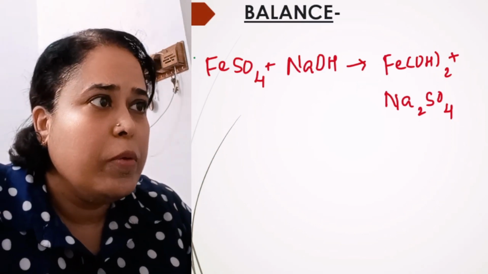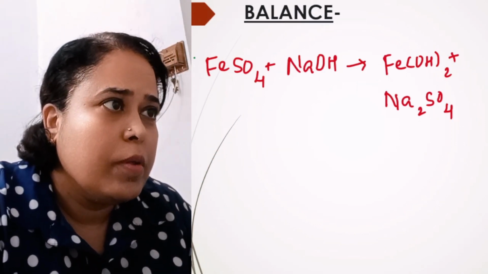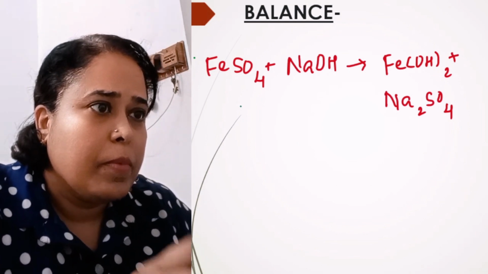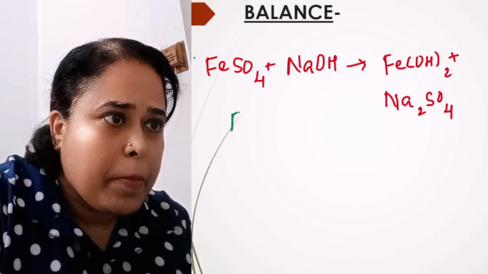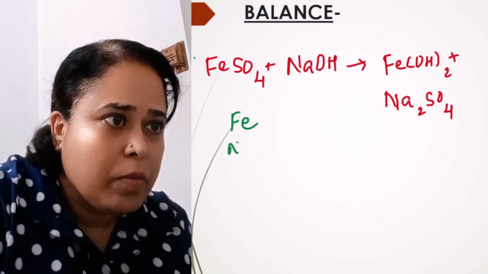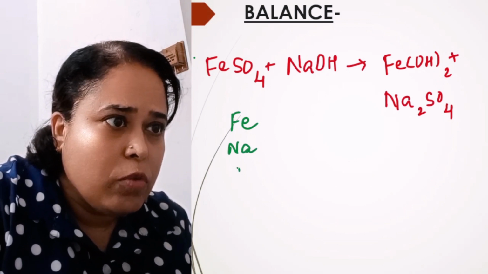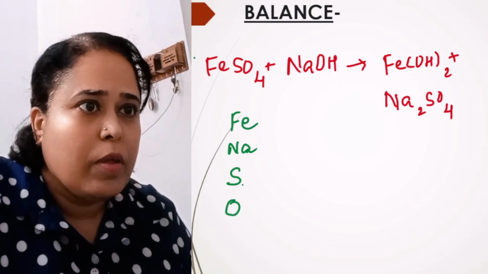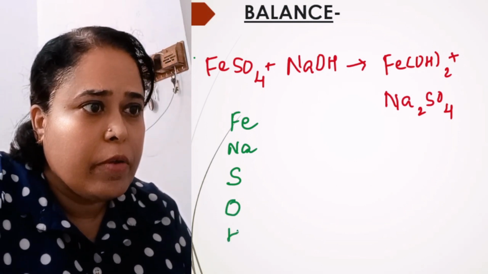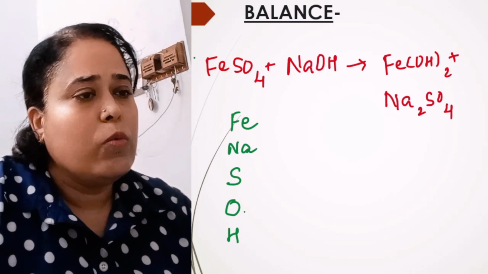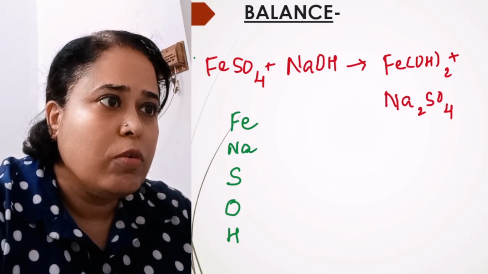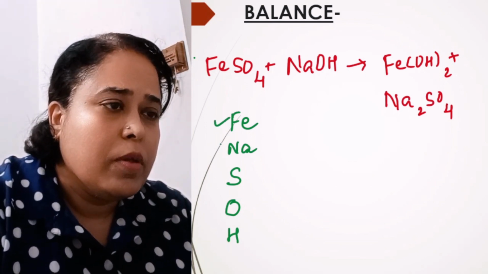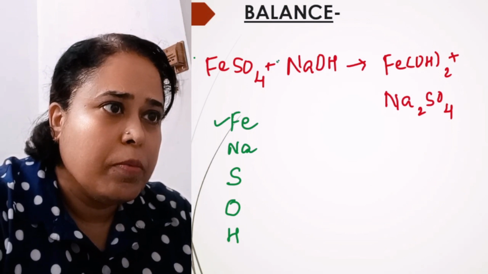Let's balance this equation now. Metals first. Iron is the metal. Sodium is the metal. Sulfur is the non-metal. Oxygen is the non-metal. Hydrogen is also there. Now in this order you have to balance. So iron balanced on both sides. Sodium not balanced.